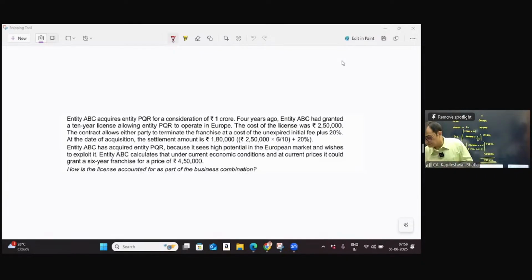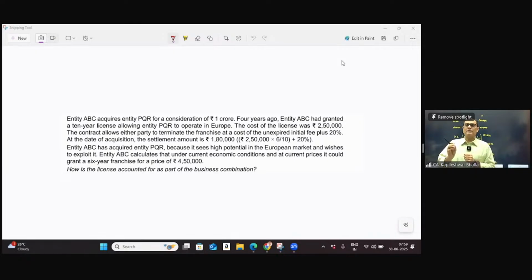Sir, unexpired means it looks like a security deposit which has to be returned. No, not that way. Let me first put the position. When ABC gave a license to PQR, is that an intangible asset in the books of PQR at that time? Yes, sir. So that intangible asset will get amortized over the period of the license.